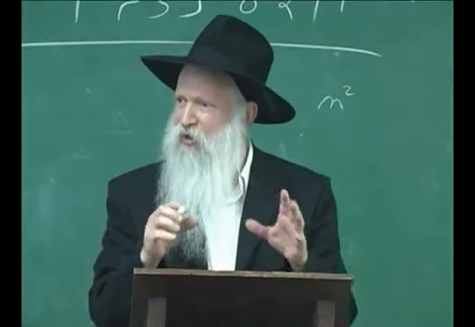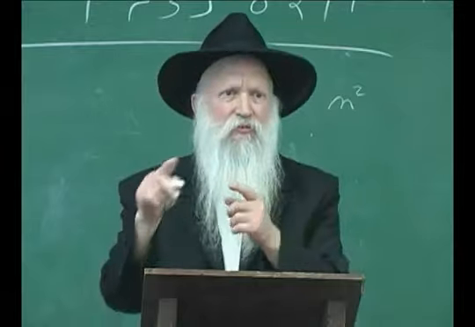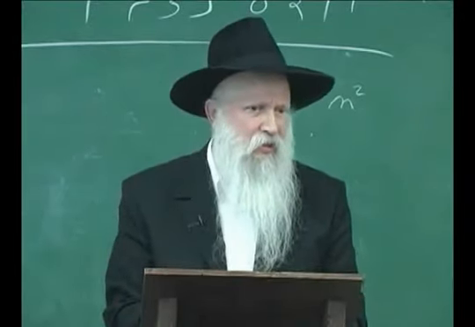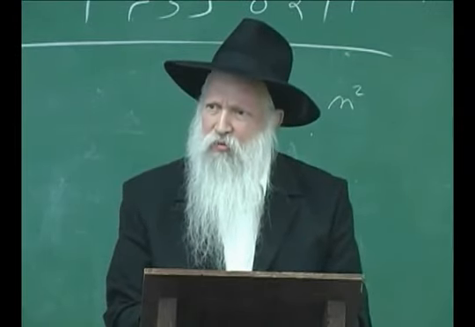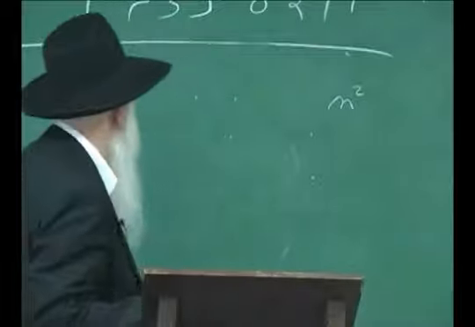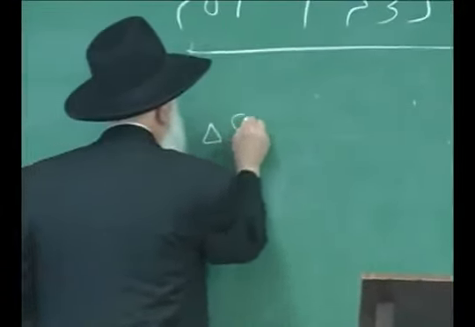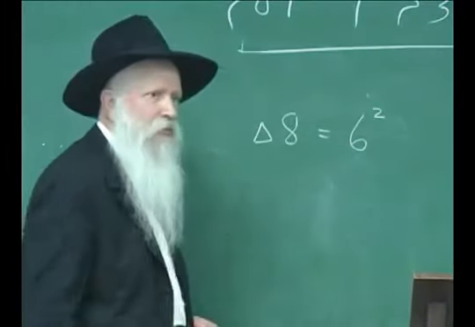The first significant example of a triangle that can be converted into a square, and vice versa, is the triangle of 8 equals the square of 6. If we just use our simple notation, we write it like this: the triangle of 8 equals 6 squared.